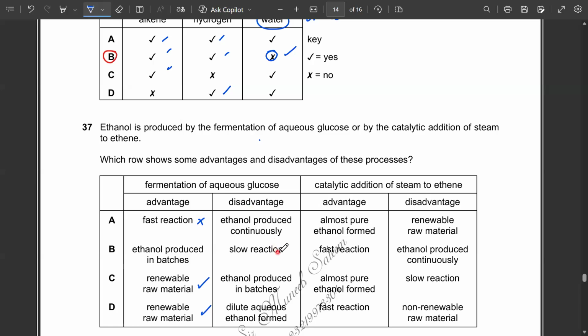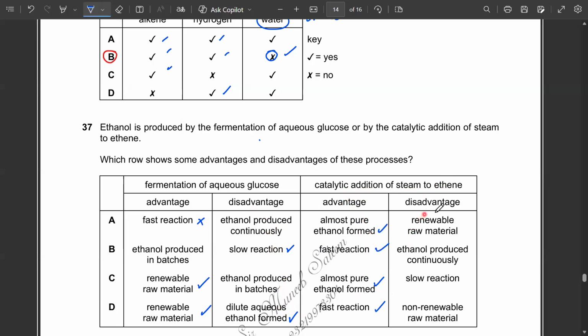The disadvantage of glucose: slow reaction, that's possible, and dilute aqueous ethanol is formed, yes, because water is also formed along with it. For the catalytic addition of ethene, the advantage is a fast reaction and almost pure ethanol formed, that is also correct.